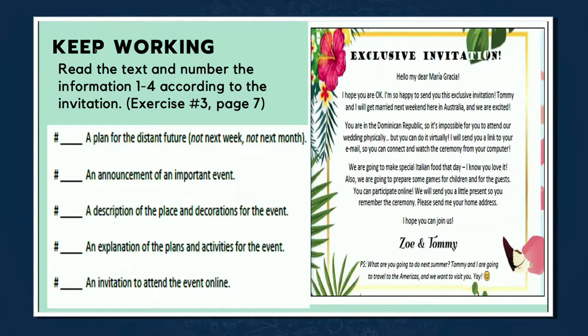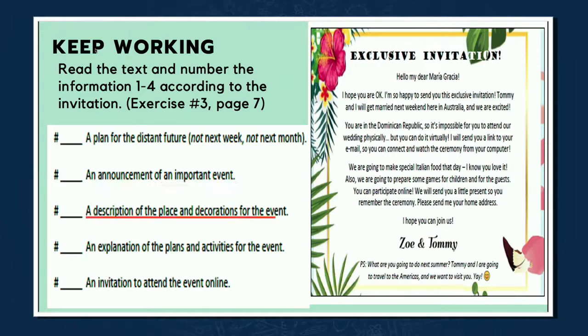Now let's check these statements. Vamos a chequear las oraciones. A plan for the distant future. Not next week, not next month. Un plan para un evento futuro. No la semana que viene ni tampoco el próximo mes. An announcement of an important event. El anuncio de un evento importante.